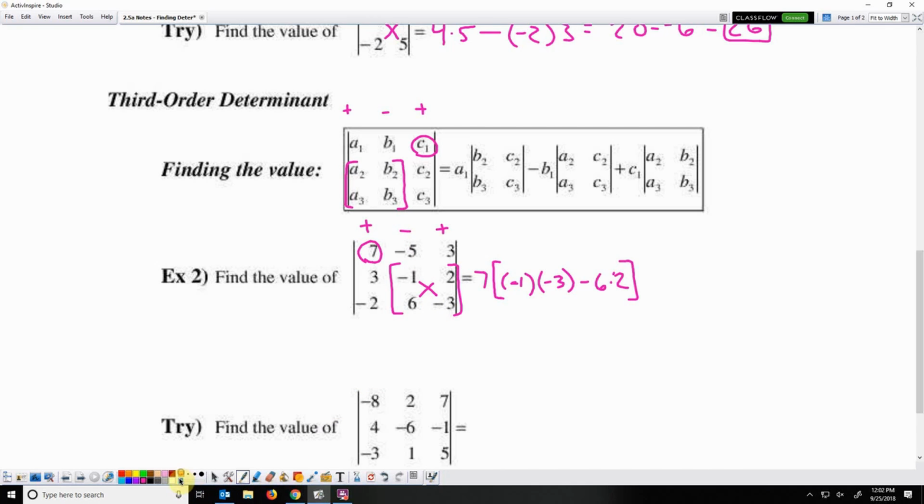I'm just going to change colors here. I'm going to use that number. So it's minus, because that's a negative one, negative 5 times the determinant from these outer two columns: 3 times negative 3 minus negative 2 times 2.